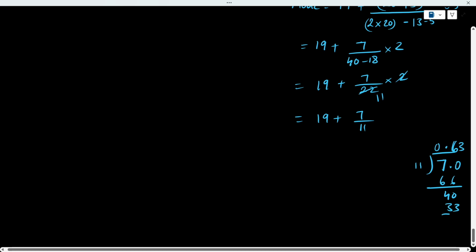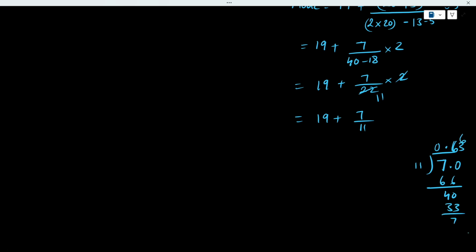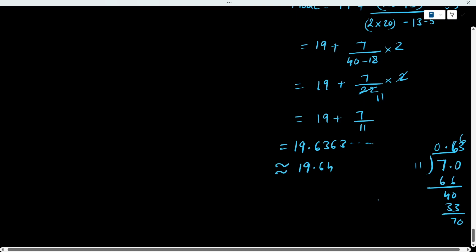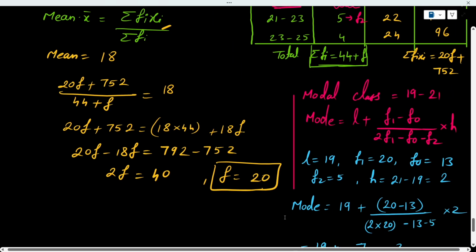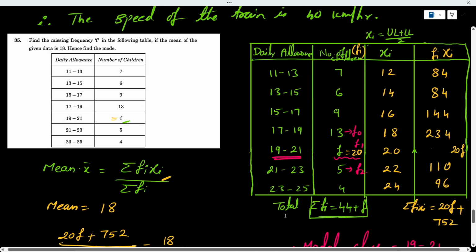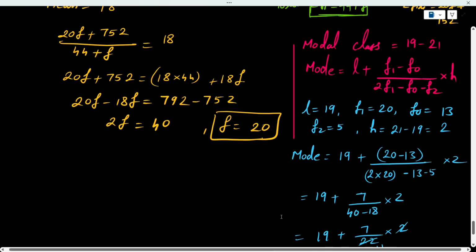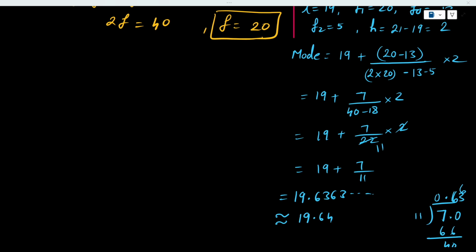So 33, then 7, then again 6 times, right? It will be a repetition. So it is 19.6363..., which is approximately equal to 19.64. And what were we calculating here? Daily allowance. There's no unit given, so you will just write that it is approximately 19.64. So this is your answer.